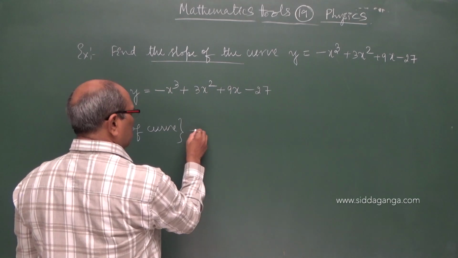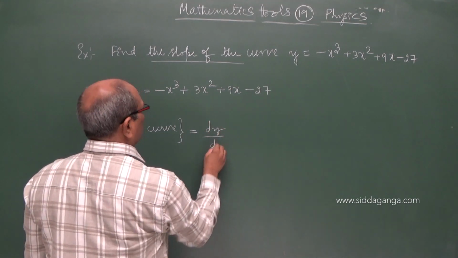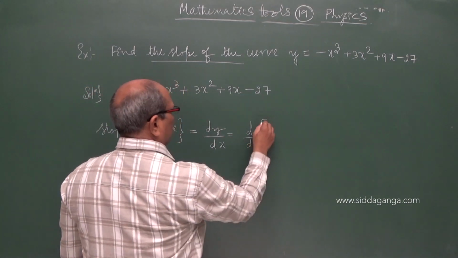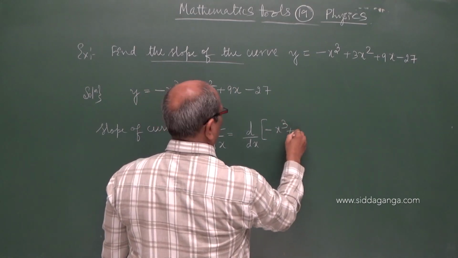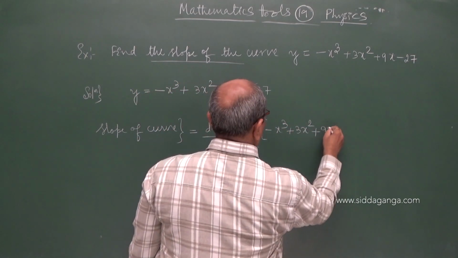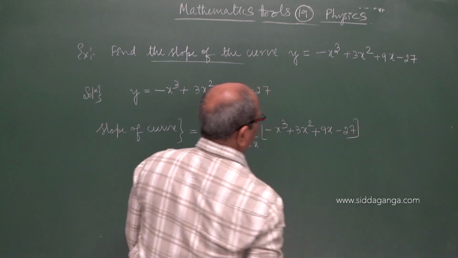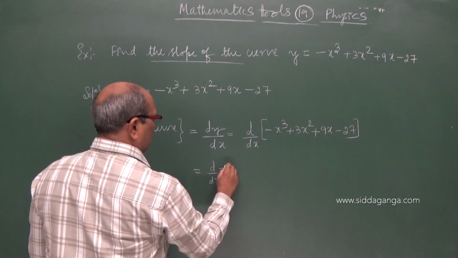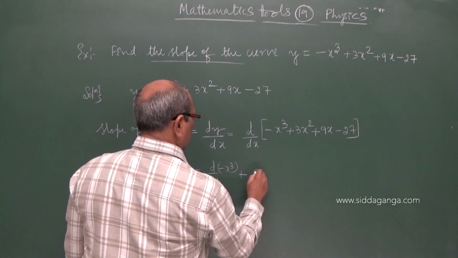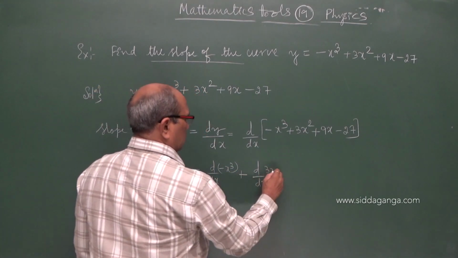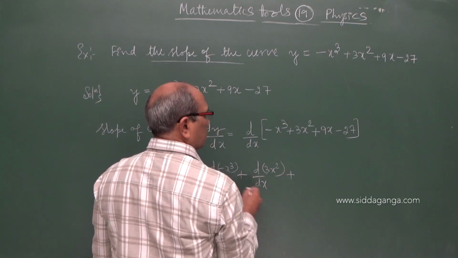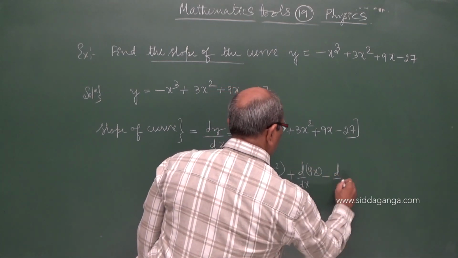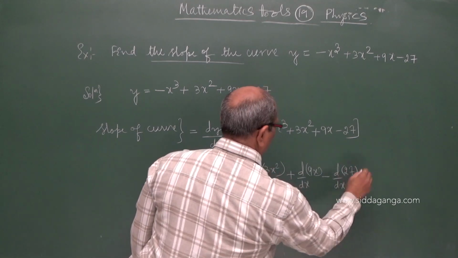Slope of curve is nothing but equal to first order derivative with respect to x, variable x is here. That is d by dx of minus x cube plus 3x square plus 9x minus 27. D by dx of minus x cube plus d by dx of 3x square plus d by dx of 9x minus d by dx of 27.